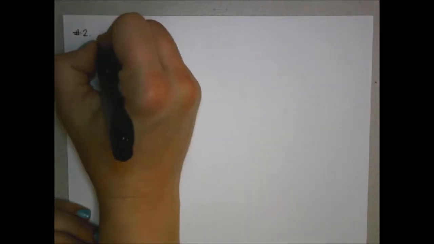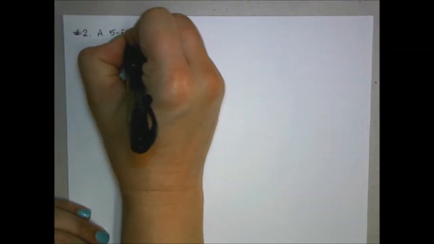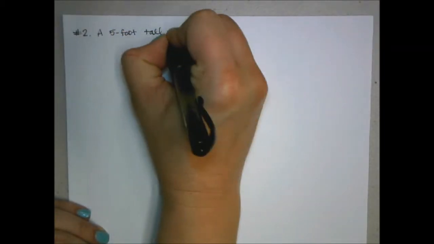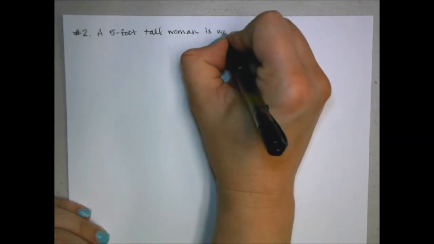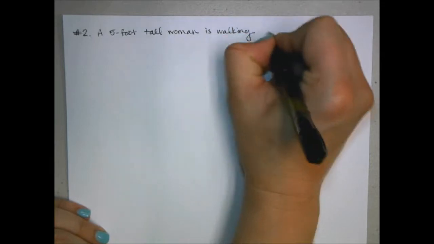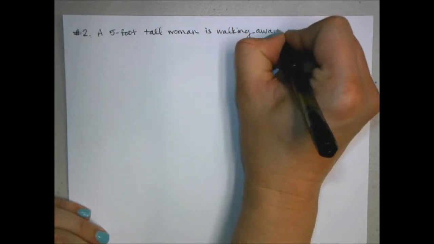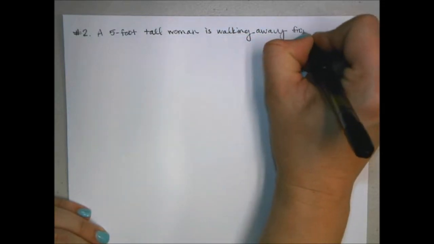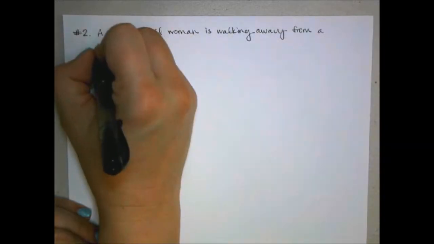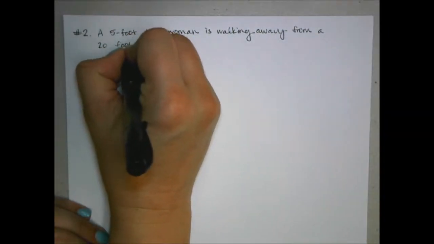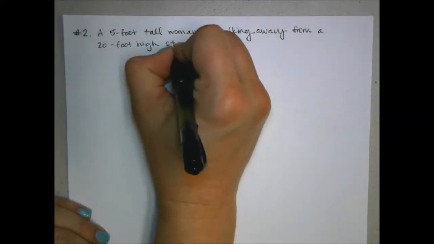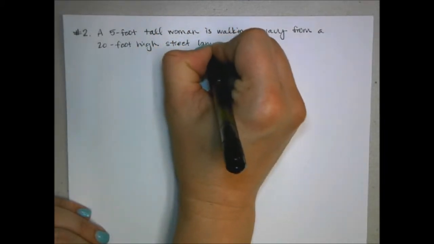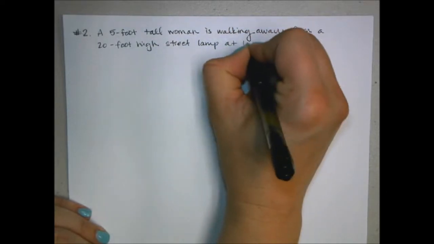In problem number 2, we are going to start with a 5-foot-tall woman who is walking away from a 20-foot high street lamp at 6 feet per second.